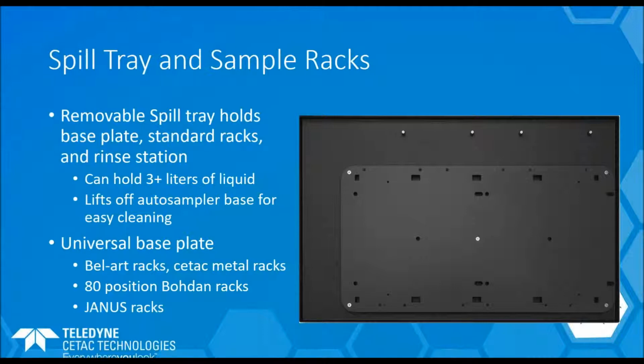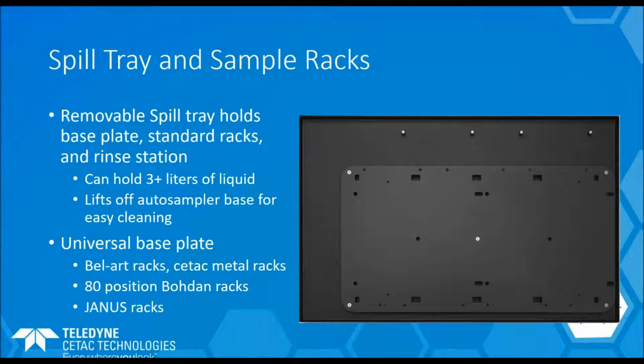This spill tray can hold over 3 liters of liquid. And the one for the 7600, our 6-rack version of this autosampler, can hold about 4.5 liters of liquid. Both of those are held in place by a couple pegs on the underside, so the whole spill tray lifts right out. So if you do have a spill, and spills happen, that's just the reality of it.